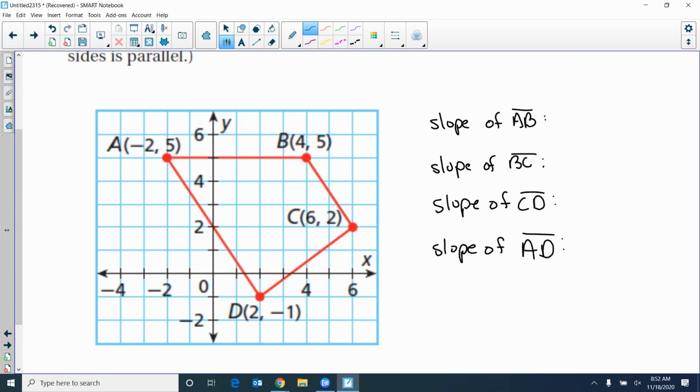Part of me grading it is whether you got all four slopes correct. If you order them differently, that's fine, because you'll still have all four. Remember, your slope is a fraction. It is a fraction. Let's start there. BC.